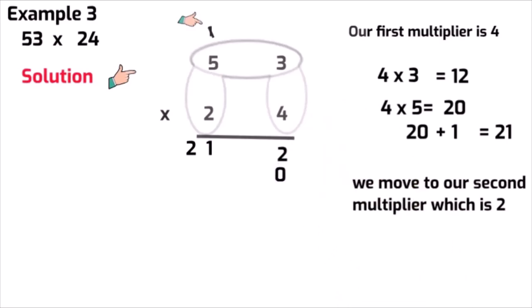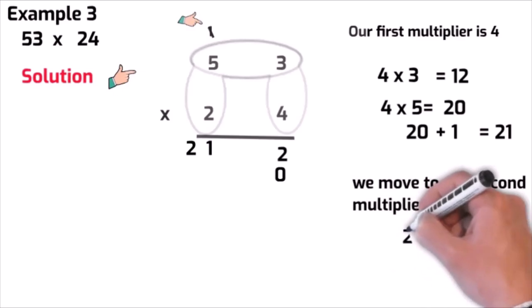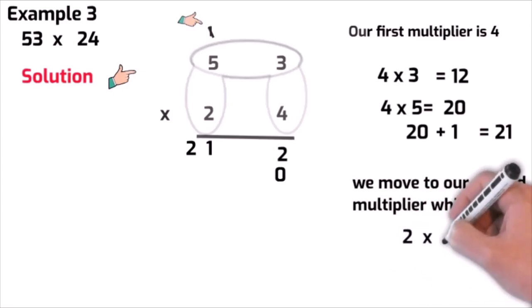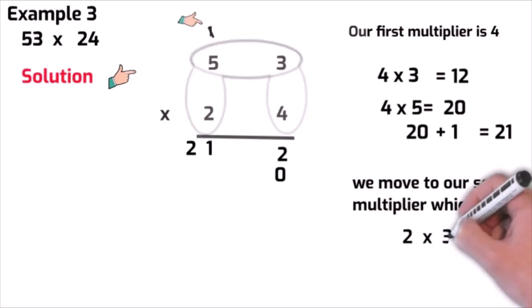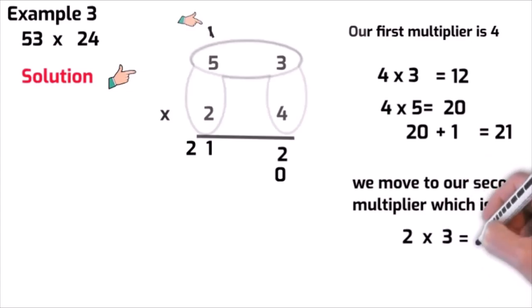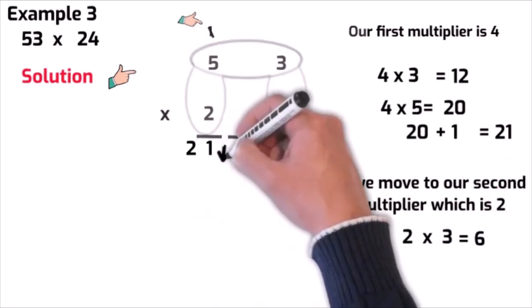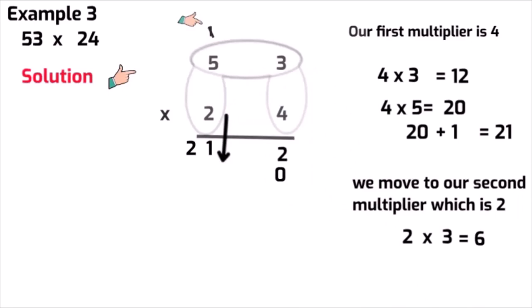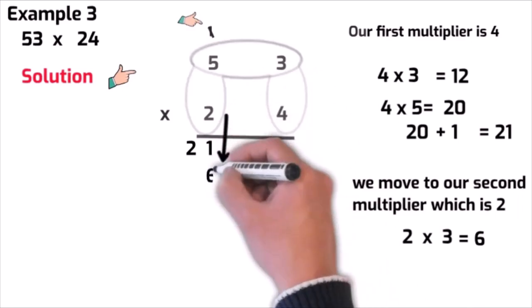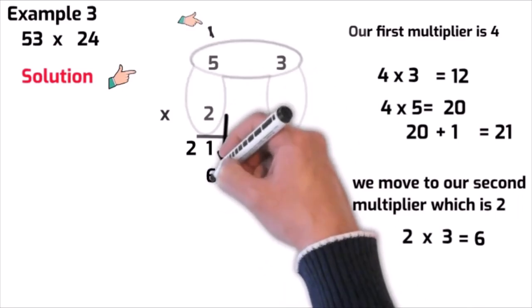Now, we are ready to multiply with 2. So we say 2 times 3. 2 times 3 is equal to 6. We go under our multiplier, which in this case is 2, and write down 6.